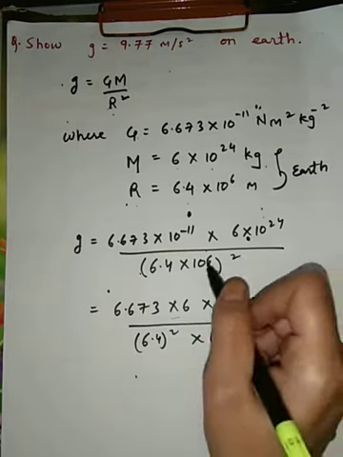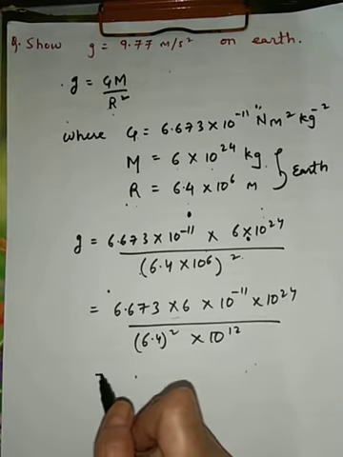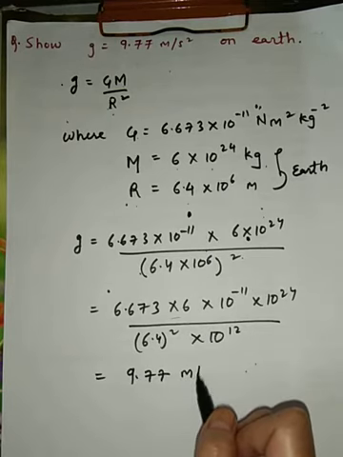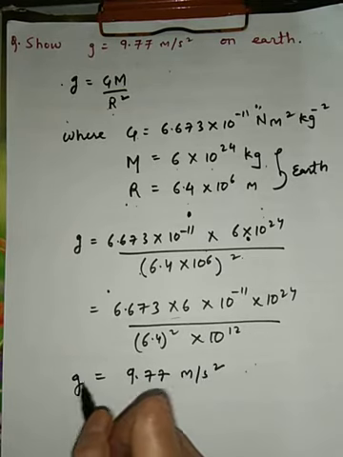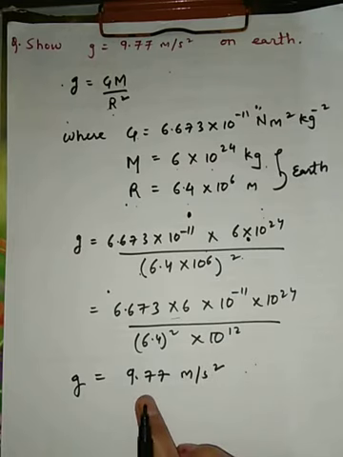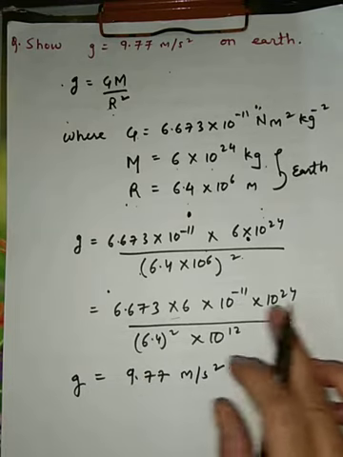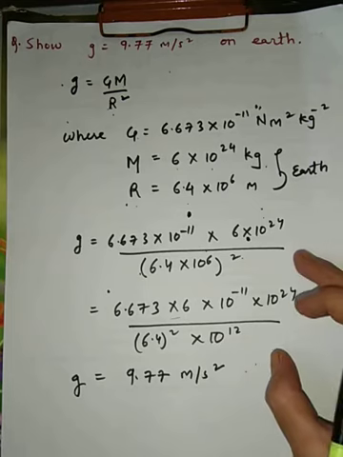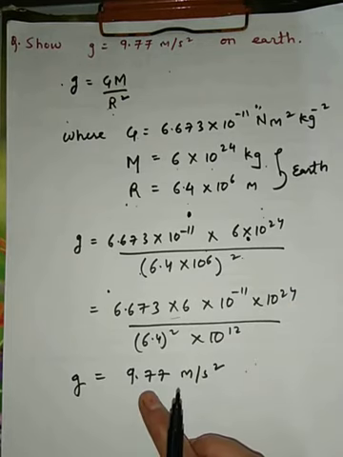If you are going to solve this, you will get 9.77 meter per second square. So this is the value of g on the surface of the earth, right? We remember this value, so you need not solve. For verification you can solve, but if this comes for 2 marks, you can directly write the answer.